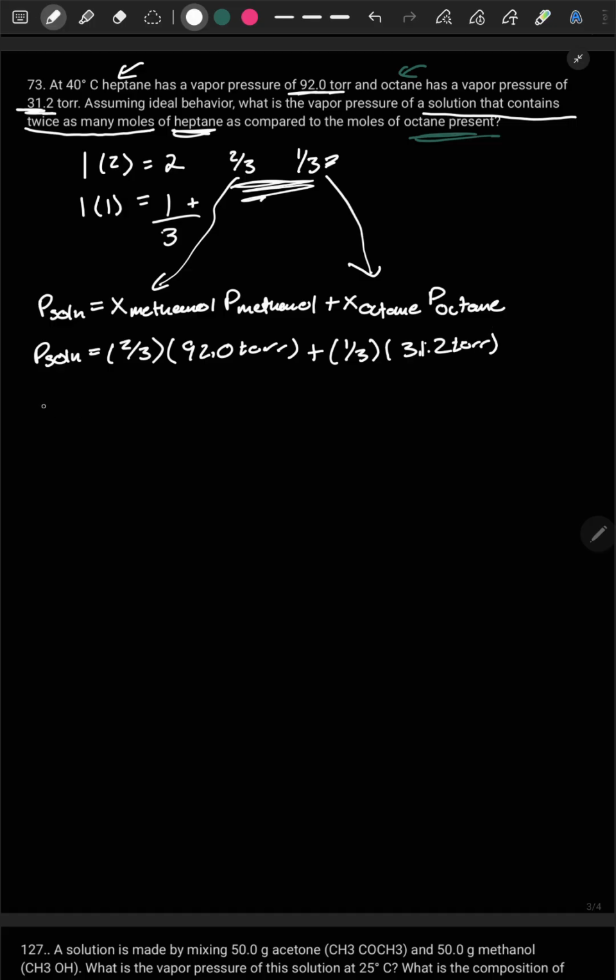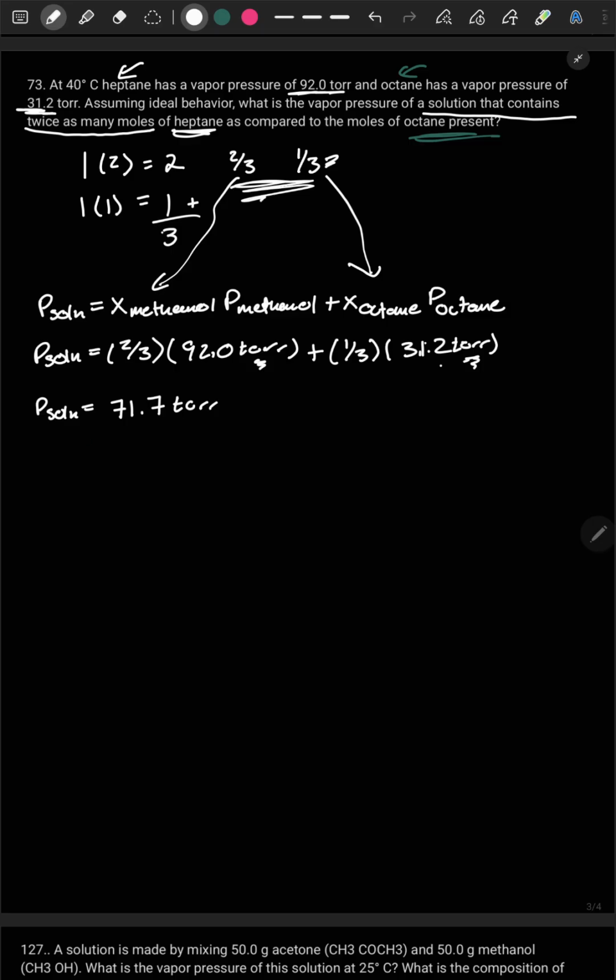Then we're going to end up getting a vapor pressure equal to 71.7 torr.